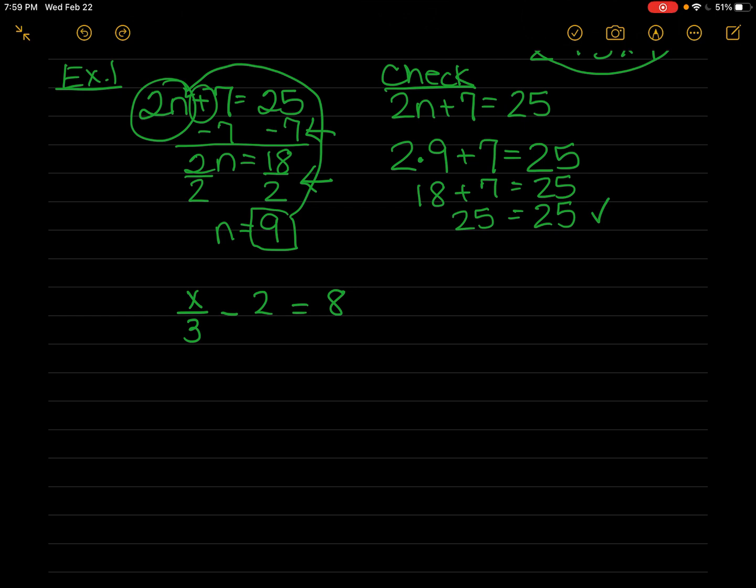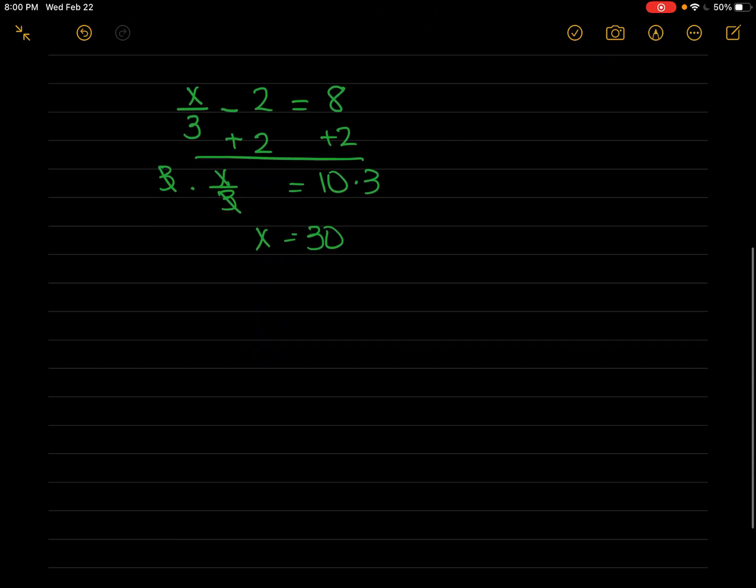I'm just showing you really quick. I would take care of the minus 2 first by adding 2, so I'm doing the opposite. So I get x divided by 3 equals 10, and then I would times by 3 on both sides. So I would get x equals 30 because these two cancel each other out. Okay, so that was just a really quick showing that it's the same thing as that first example.